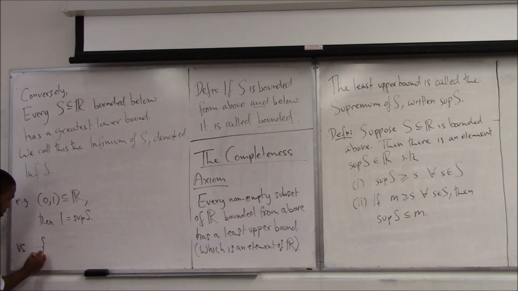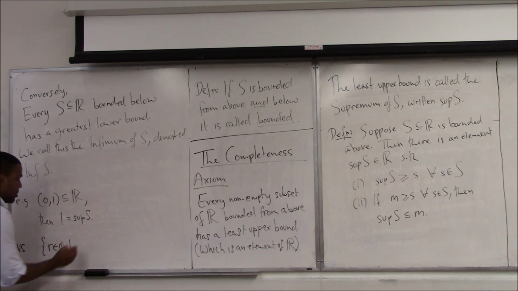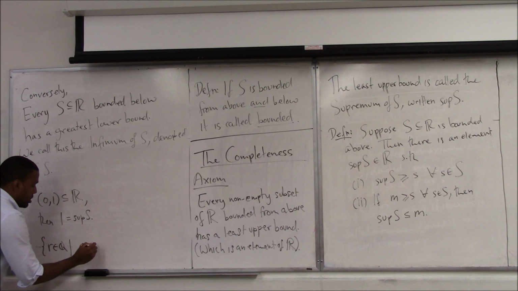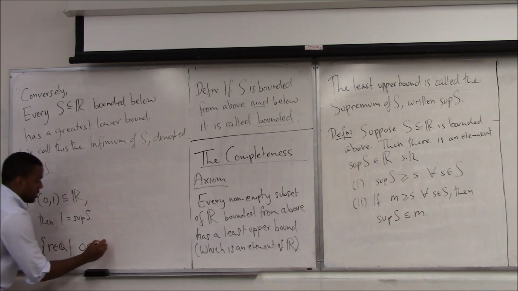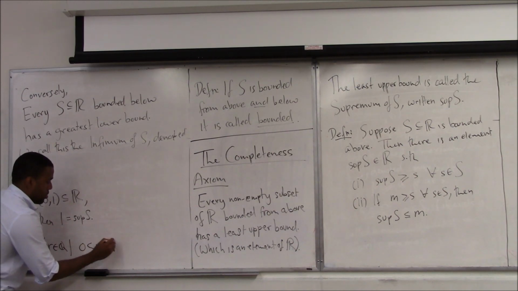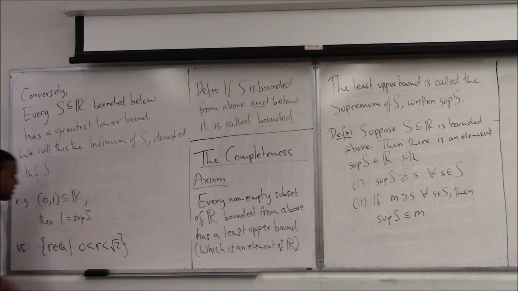Versus, look at this, the set of all r in Q such that r is bigger than 0, but it is less than radical 2. What is the least upper bound of that set? Radical 2, but that's not a rational number.